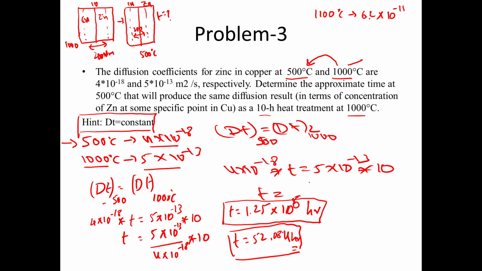So t is equal to 0.08 hours if you increase the temperature to 1100 degrees Celsius. If you convert this, it will take only 290 seconds.